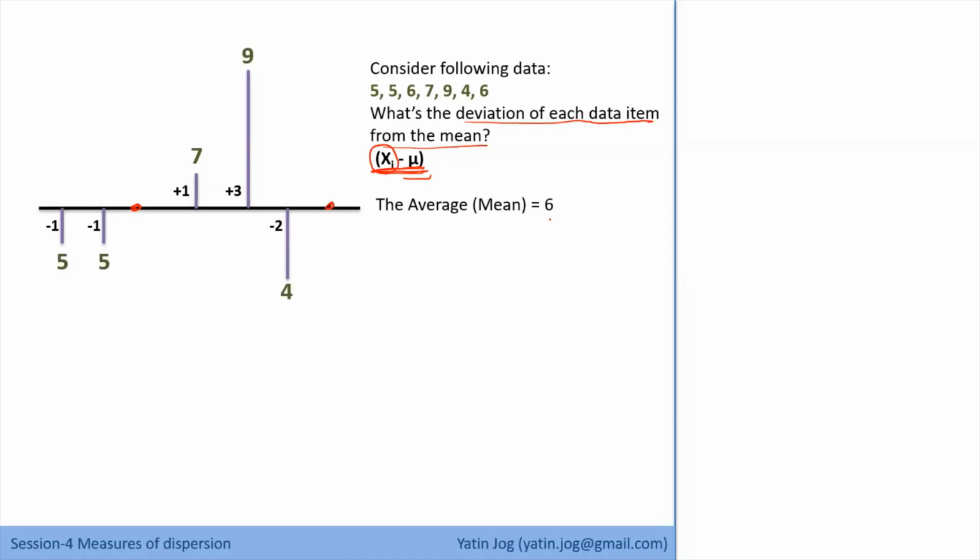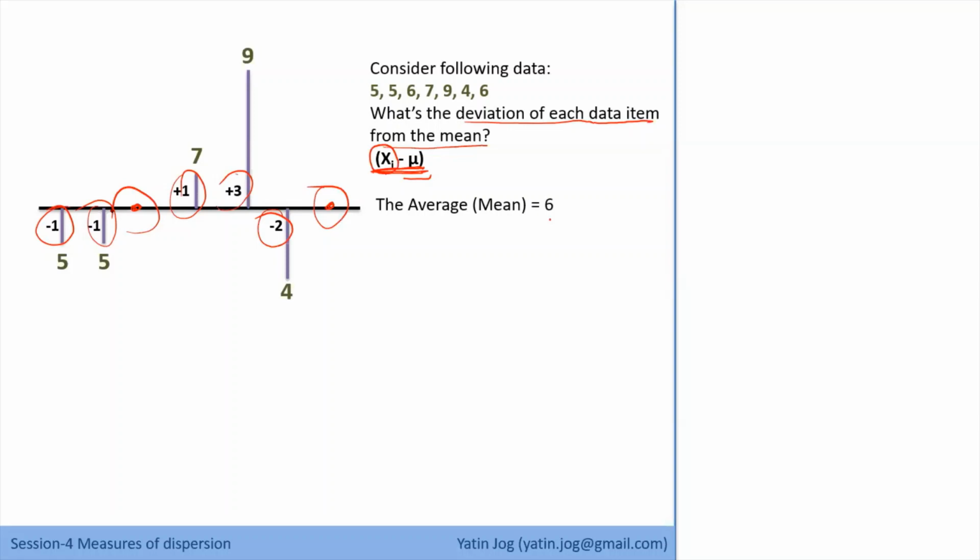So what we are looking at are my total deviations. This is my deviation value: minus 1, minus 1, plus 1, plus 3, minus 2, and 0 in these two cases. These are the deviations of each data point from the mean.